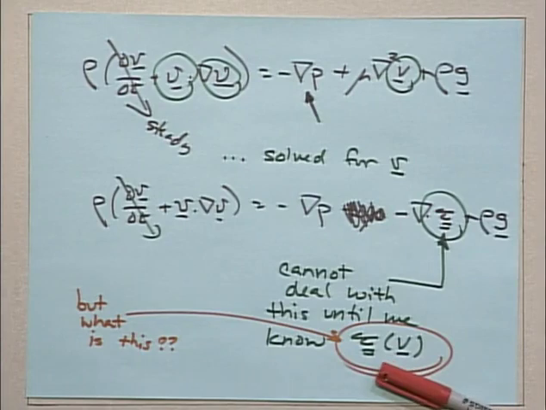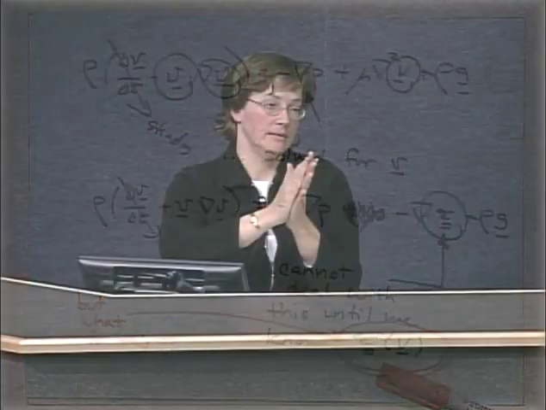Okay? Until we know this functional form, all we've done is call it something. Now, we've called it something mathematically handy because we know that this entity somehow is related to force per unit area in a fluid at a point. There's an isotropic component and there's an anisotropic component, and this is the anisotropic component.